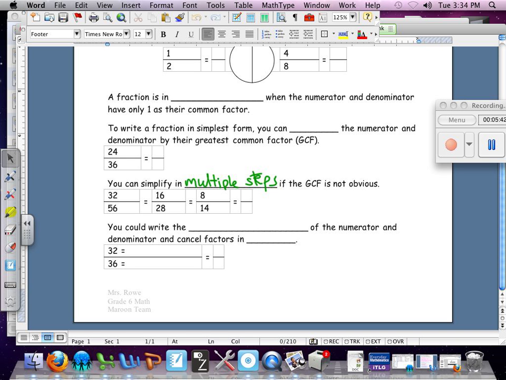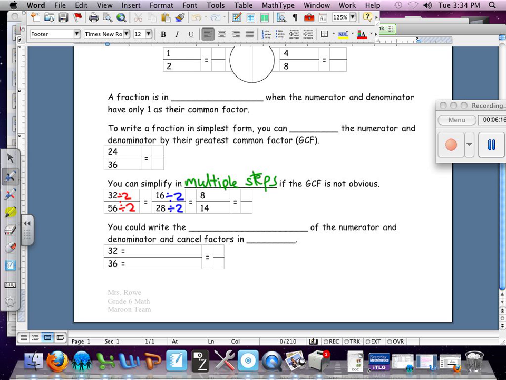So maybe if you're looking at 32 and 56, the only divisibility rule that seems clear and obvious is that they're both ending in an even number, 0, 2, 4, 6, or 8, so therefore I can divide 2 out of both sections. And when I do that, I'm left with the next step, which is 16/28. They're both even, they're both divisible by 2, so divide those by 2, and you're left with 8/14.